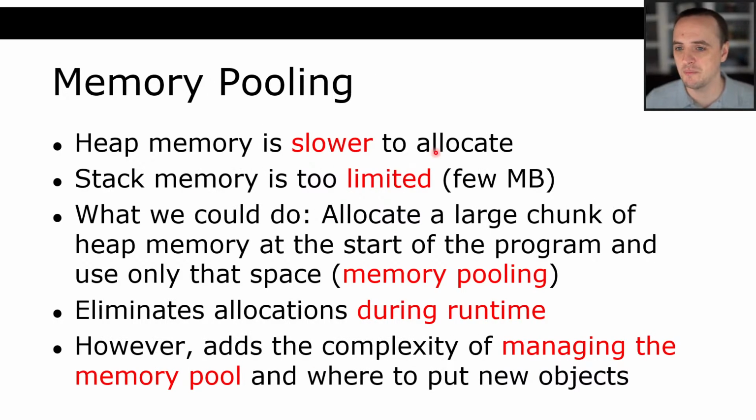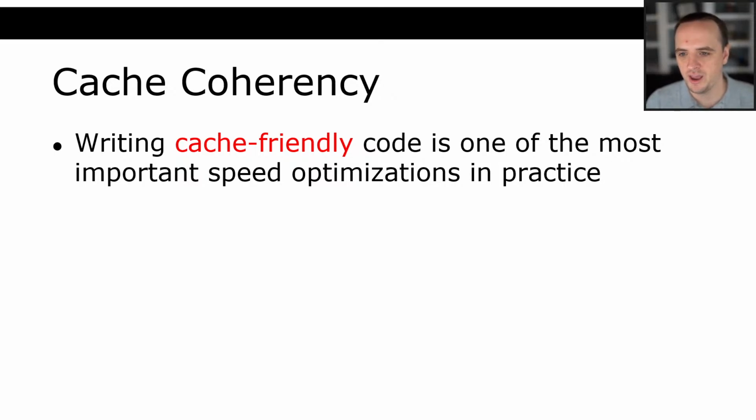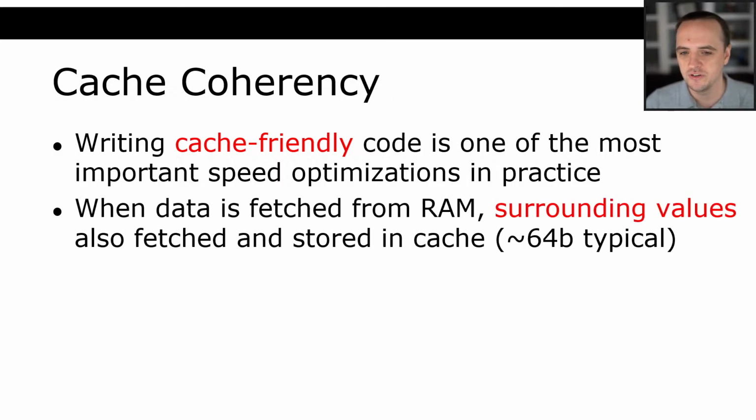All right, so that's what a memory pool is. The memory pool can also help us with something else, and that is cache coherency. Writing cache-friendly code is one of the most important speed optimizations in practice. When data is fetched from RAM, you don't just get the variable that you looked up.